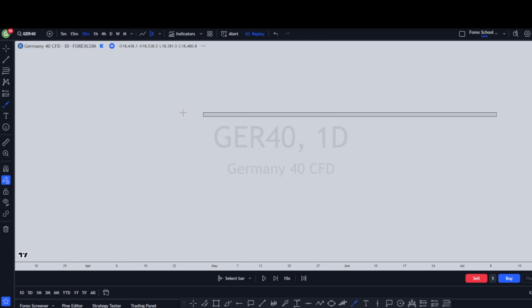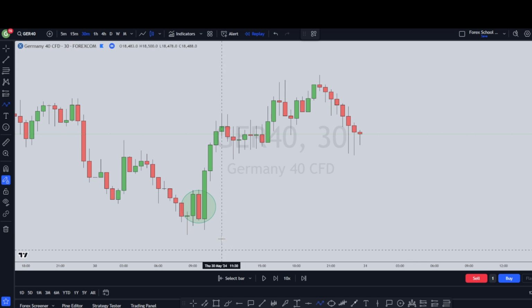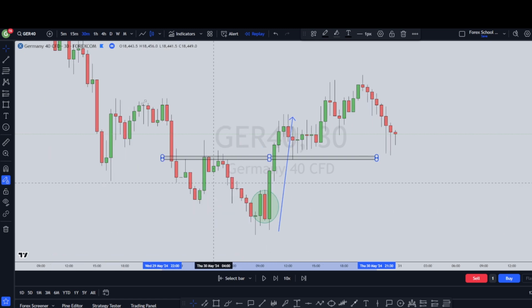So on the 30 minutes, here it would have been even more clear, having this as the order block, and now we see price moving away from it, breaking above this area here to change the market structure, or to have a change of character from this previous lower lows and lower highs to now a creation of a new higher high, which changed the character of the market, which is really changing the structure of the market.